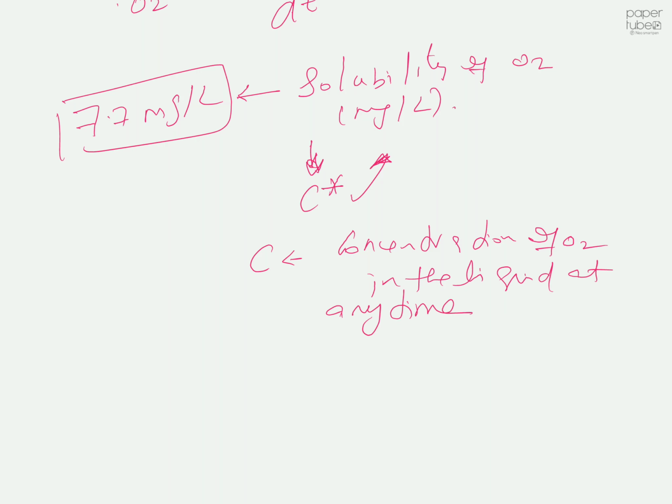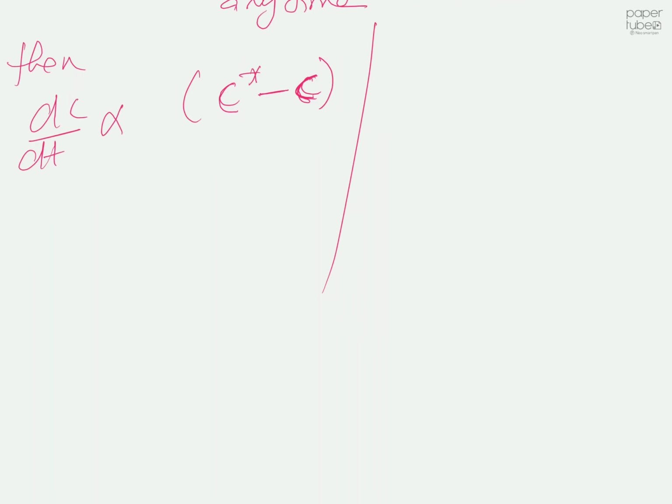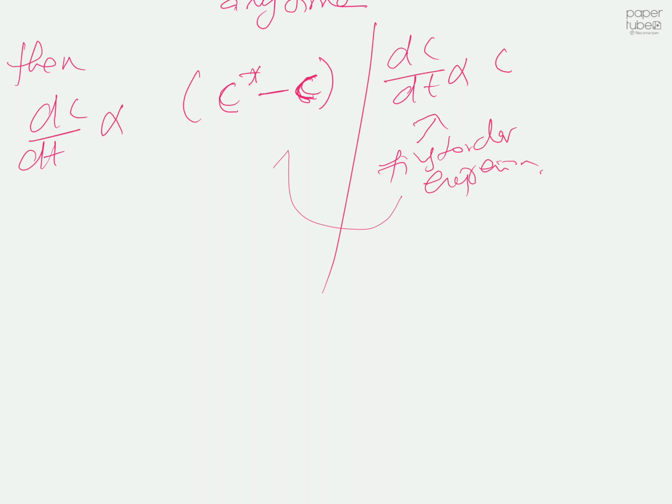Then your change in concentration with respect to time will be proportional to the difference between your solubility and C. You cannot write this expression like change in concentration is proportional to concentration. This is a first order expression. But you cannot write this for this type of problem, because you need a concentration gradient, not a concentration alone.